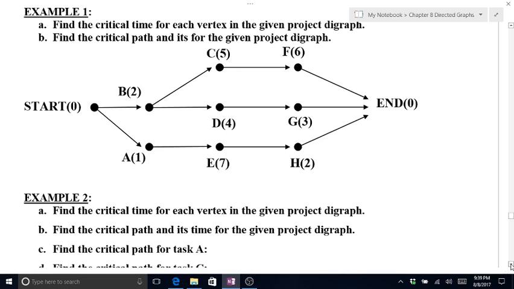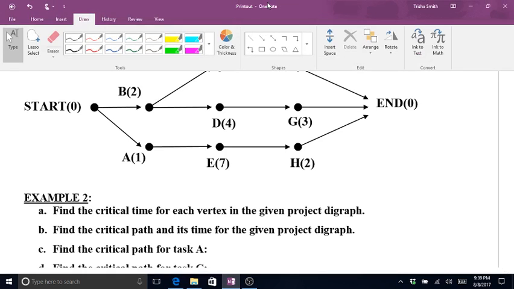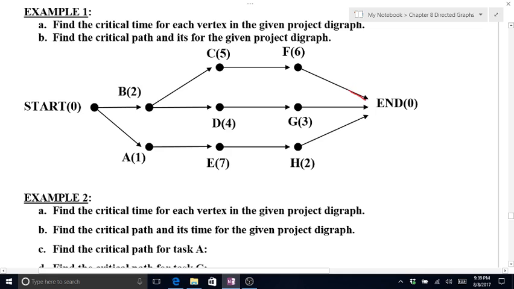If I go from the end to F, that's 0 and 6, that means F has a critical time of 6. End also goes to G. G is going to have a critical time of 3. And end goes to H. H has a critical time of 2.